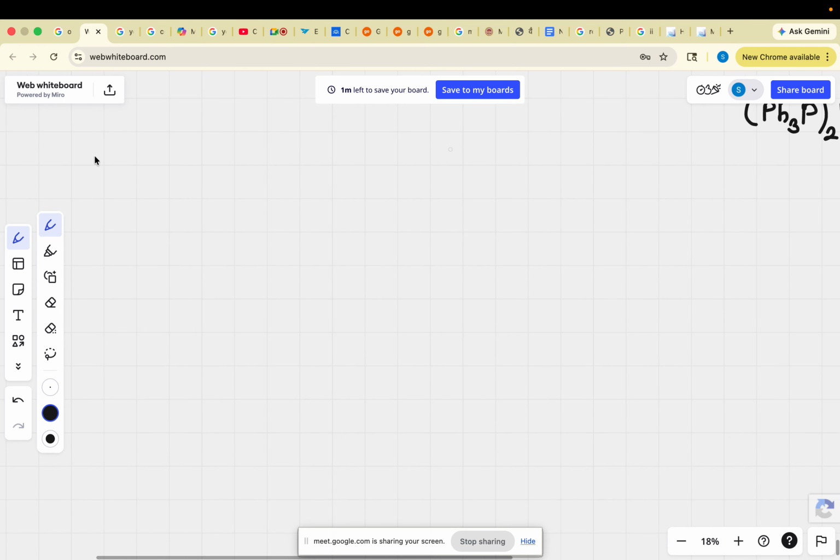Suppose you have this thing, PCl3, phosphorus trichloride. If I react it with PhMgBr, can you tell me what will be the product? One chlorine will leave, and the phenyl group will attack.